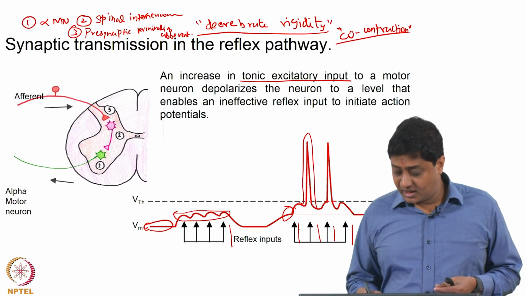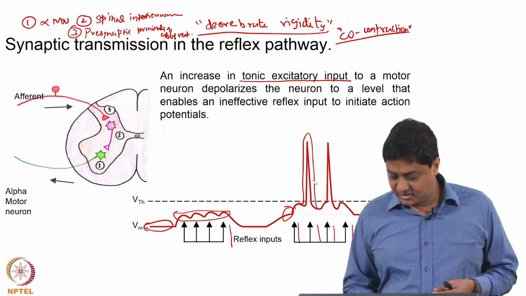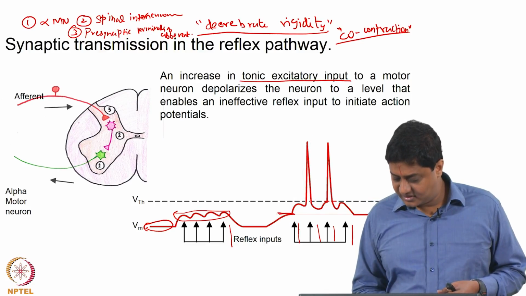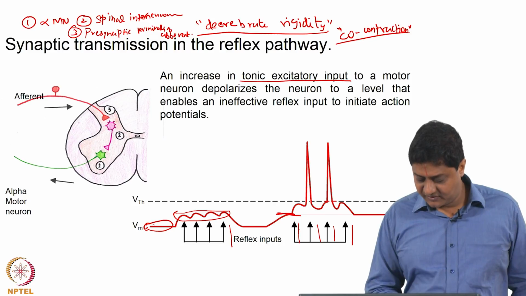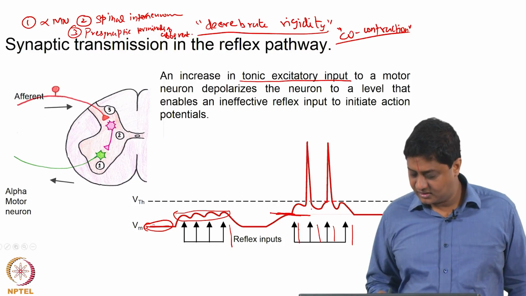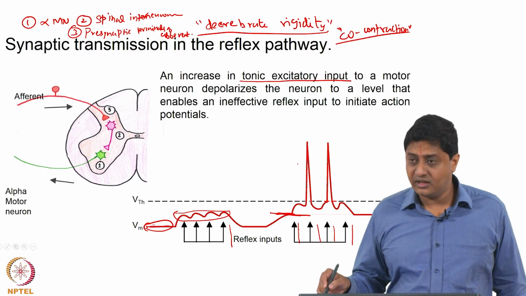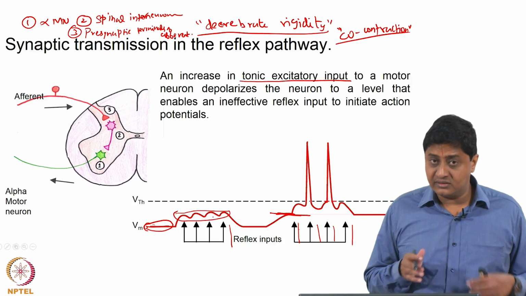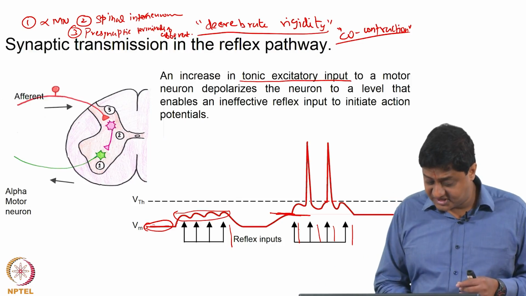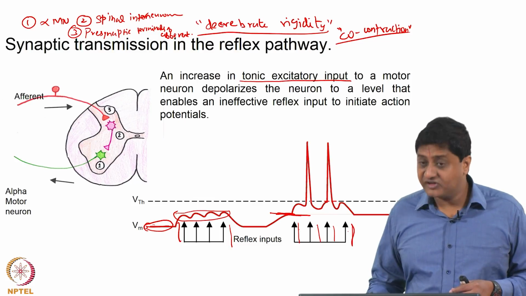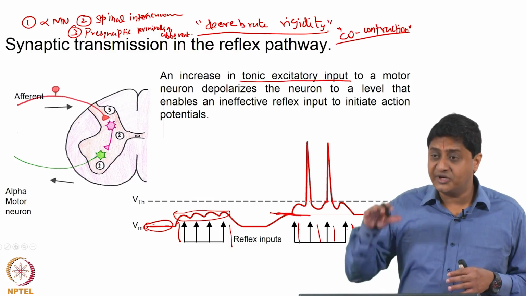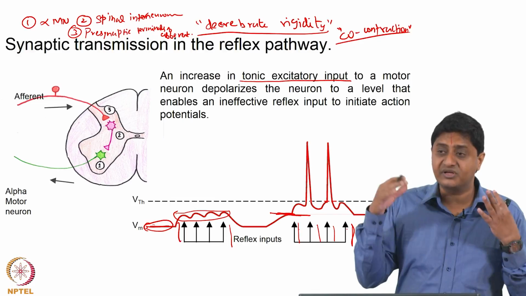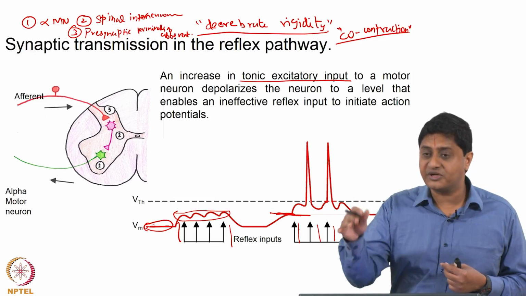So, depending on whether the resting state is here or here, the response will vary. And the stimulus, let us remember, remains a constant. For the same stimulus, depending on the excitatory inputs coming from the top, coming from elsewhere, the response can vary.